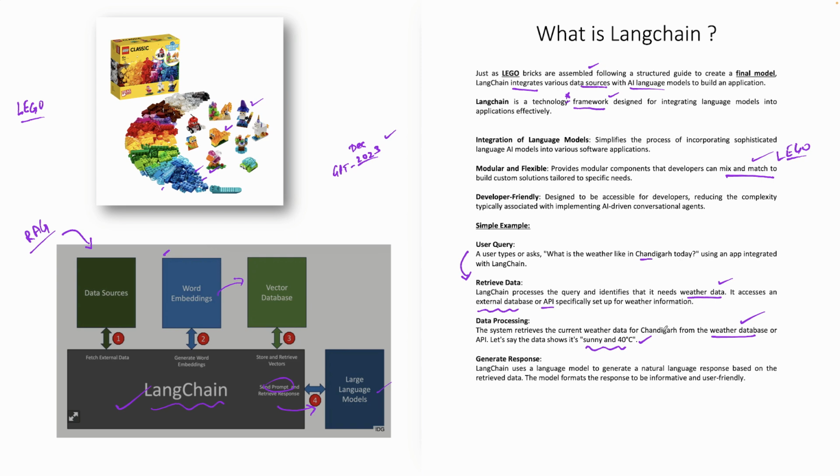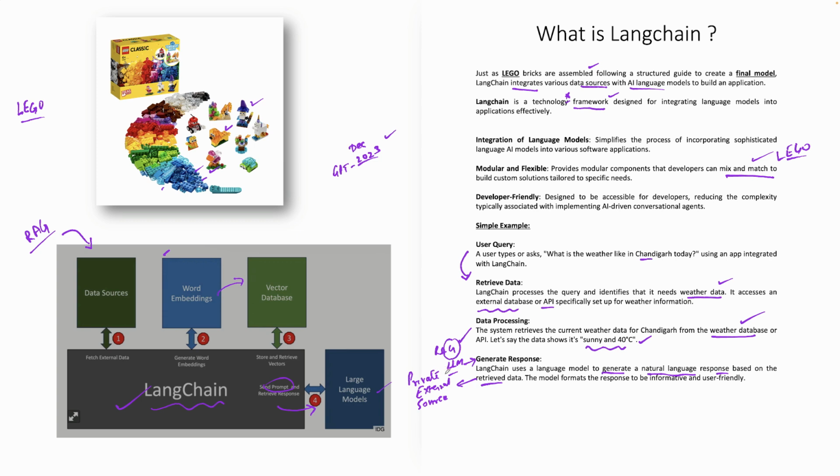Now comes the beauty of LLMs. Here the LLM, or the G part of the RAG, is activated, which is the generate response, right? So Langchain uses a language model to generate a natural language response based on the retrieved data. What I want to say here is the data is actually retrieved from your external source, or your private source, you can call it that way.